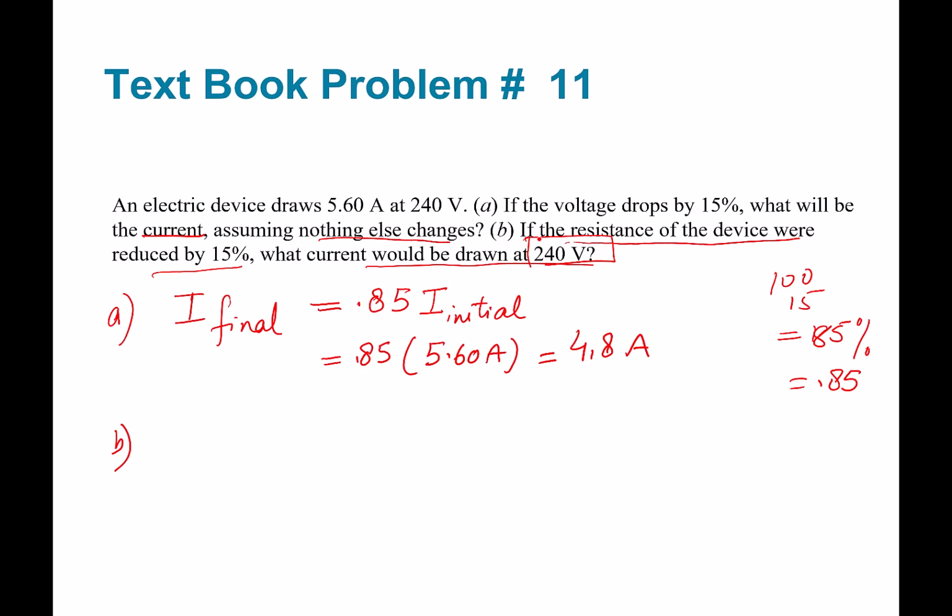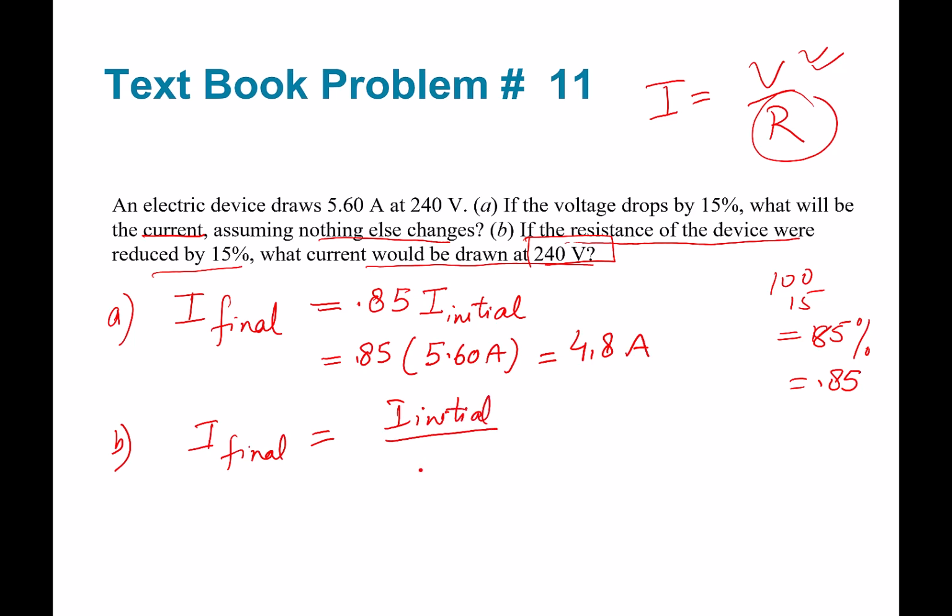Current I is also V by R. So if voltage is 240 and resistance is dropped by 15%, you can say I final must be equivalent to I initial over 0.85. Because if the resistance drops by 15%, the same as being multiplied by 0.85, and the voltage stays the same, then the current must be divided by 0.85.